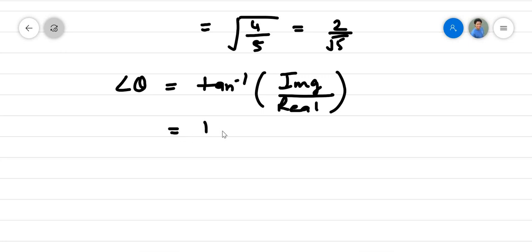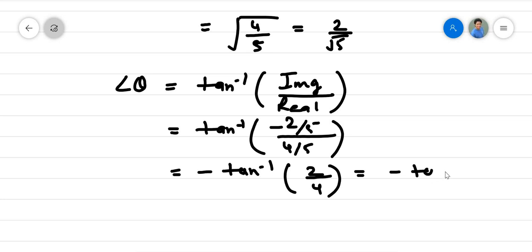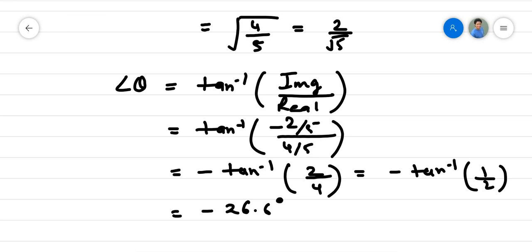The imaginary part is minus 2/5 and the real part is 4/5, so it equals minus tan inverse of 2/4, that is minus tan inverse of 1/2, which is equal to minus 26.6 degrees.